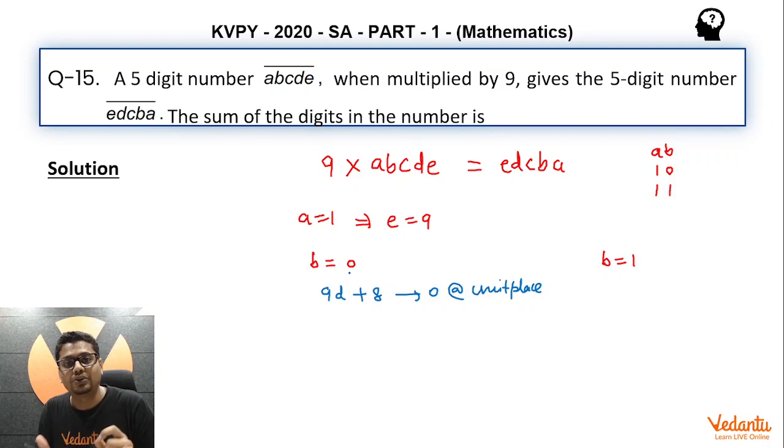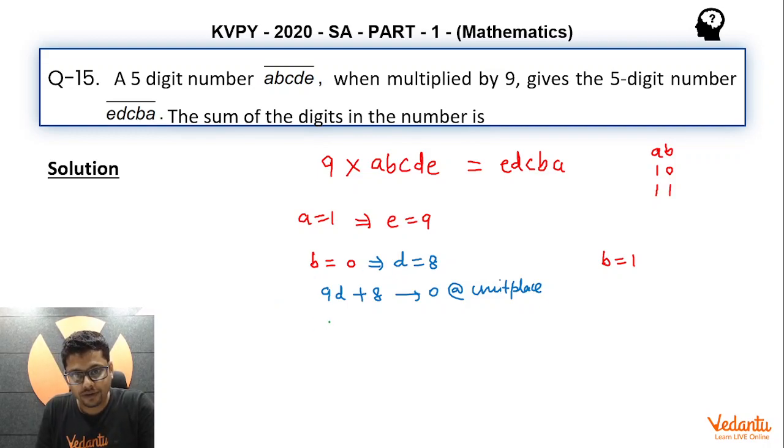B is supposed to be 0. Similarly, as you keep exploring, you would be able to conclude that D is supposed to be 8. 9 times 8 is 72 plus 8 is 80. So 0 you get as B, which is consistent with this case. That means when B is 0, D has to be 8.